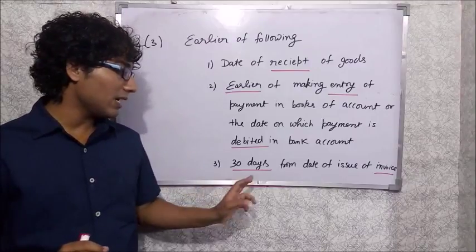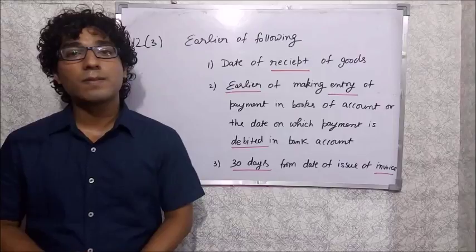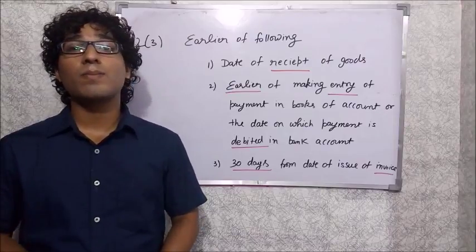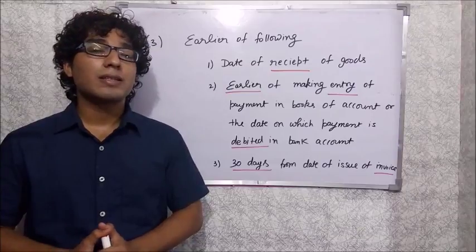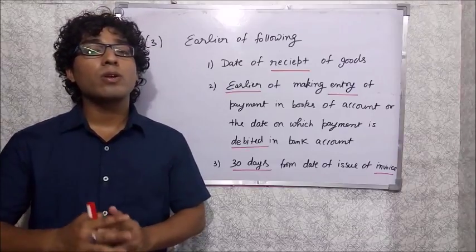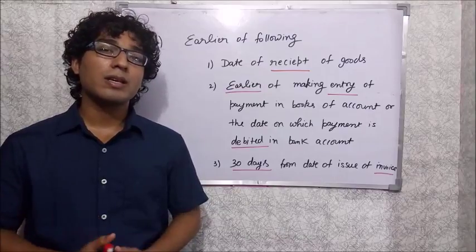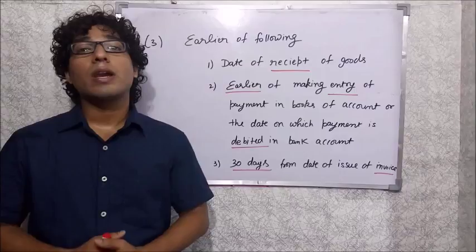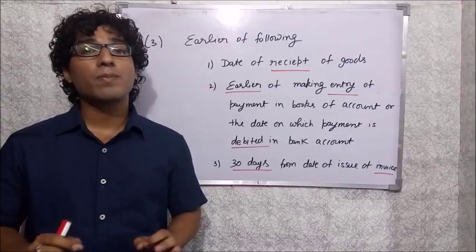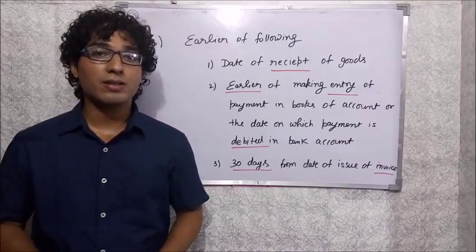And the third event is that after 30 days from the date of issue of invoice. So when the recipient of supply of goods issues the invoice, then you have to check out the 30 days from the date of issue of invoice. That will be the third event. So there are three events before you can say the time of supply of goods under the reverse charge mechanism.